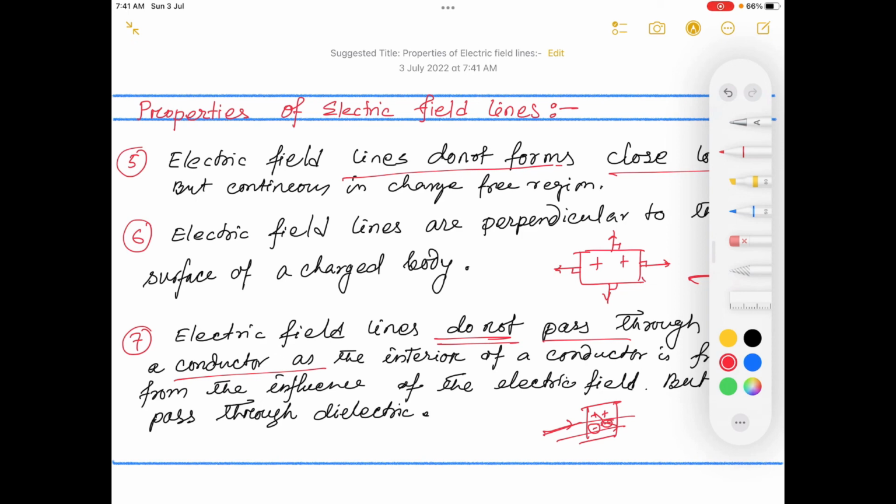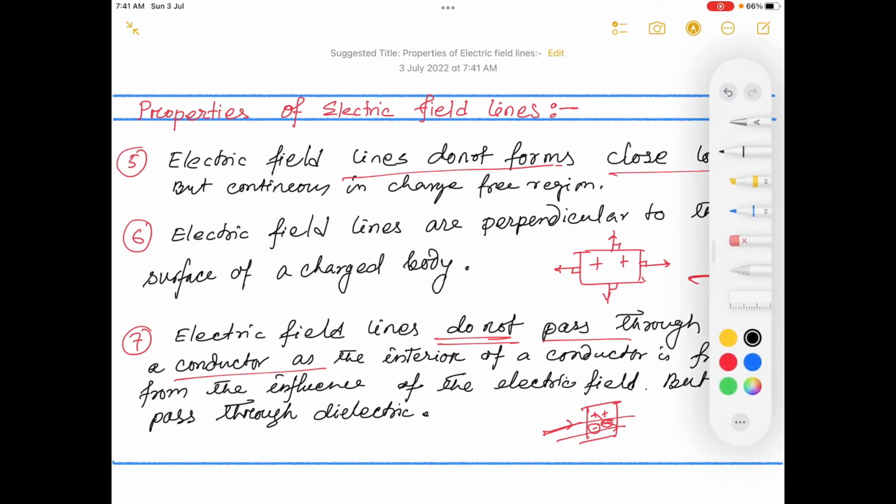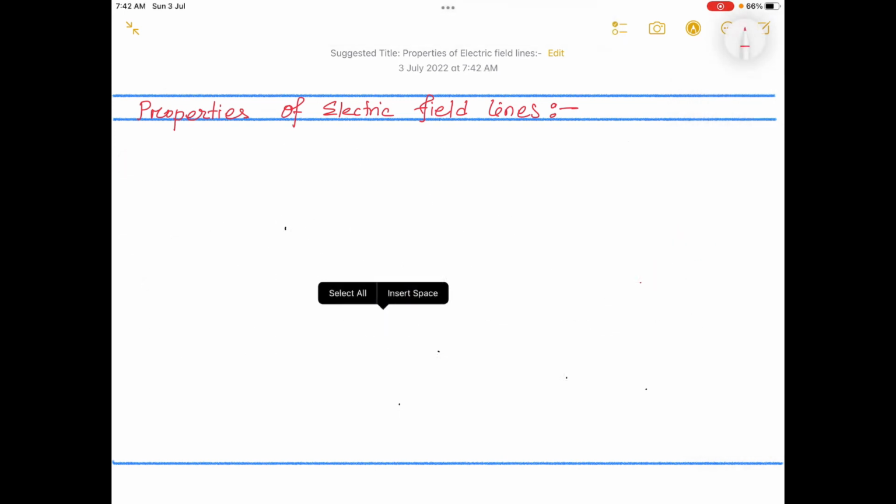Now let us see the picture. Let us see what happens if two like charges and two unlike charges come close. Suppose we have two like charges, both positive or maybe both negative. Electric field lines should go out radially from the charge.